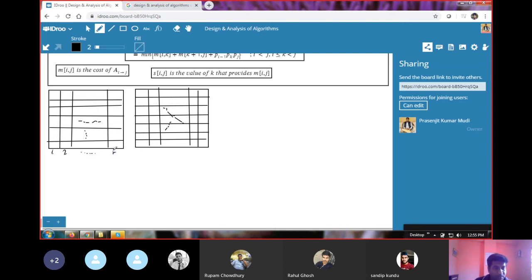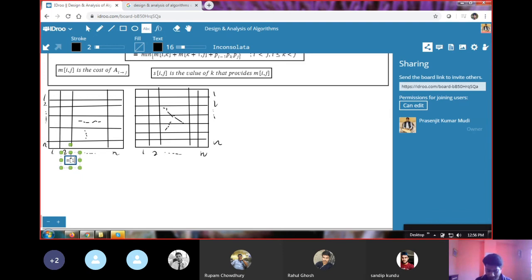Let this be 1, 2, dot dot dot, the nth matrix. Again this is 1, 2, dot dot dot, n. Similarly here 1, 2, dot dot dot.